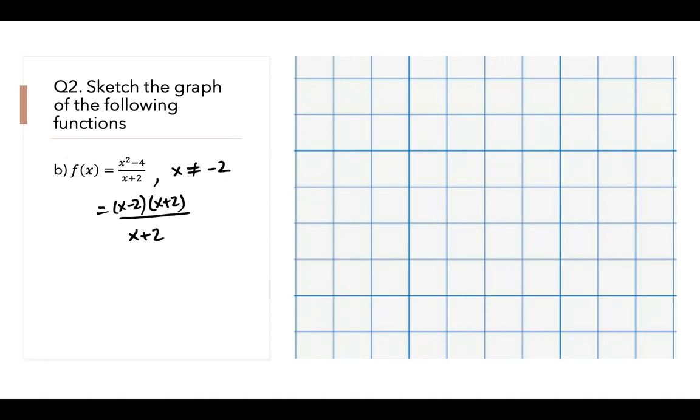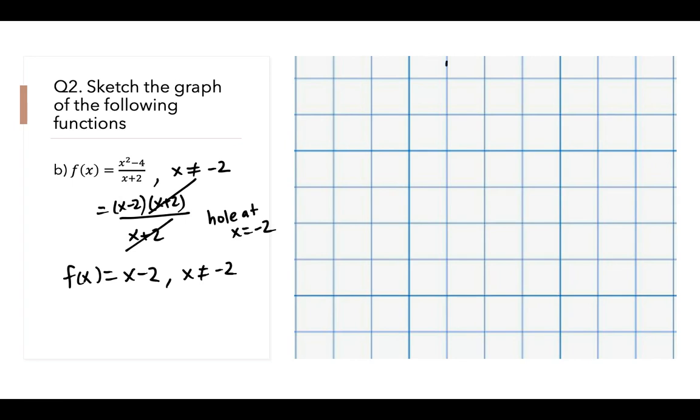As you can see, x plus 2 and x plus 2 cancel out. What does that mean? There is a hole at x equals negative 2 as soon as you cancel out. So my f(x) is going to be x minus 2, where x cannot be equal to negative 2. When you're graphing the rational expression, you're always graphing the simplified version.